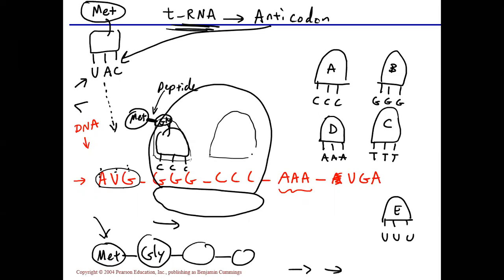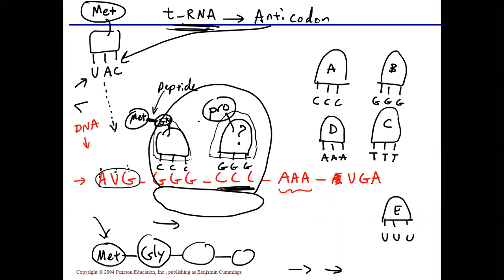What do you think? B. Yes, basically B. This one has to have an anticodon because this is a codon, G, G, G, and I think this one is bringing proline.